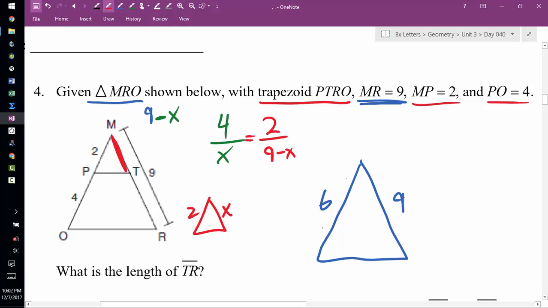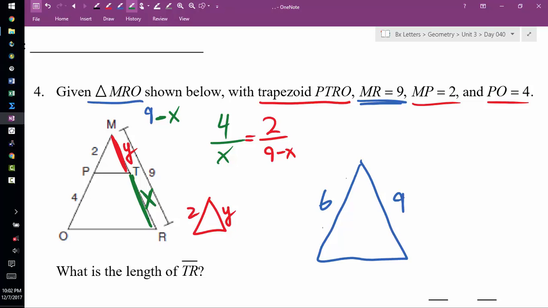What we have to be clear about is if we solve for x, I'm going to call this y, because in this problem TR is what we were calling x. I'm just doing that to show you that we'll eventually get the same thing.